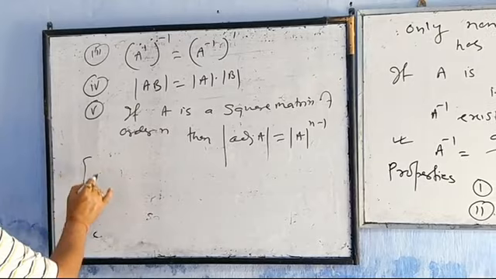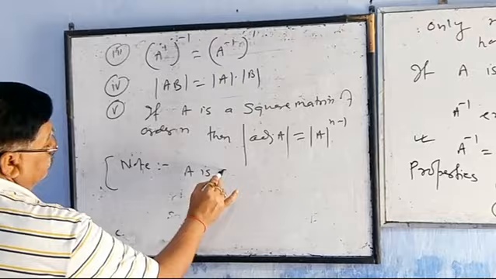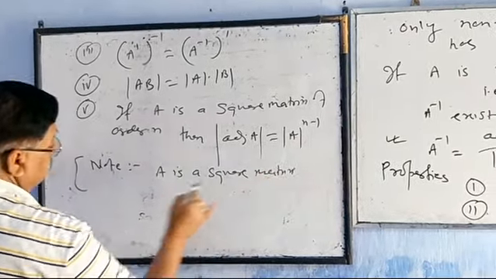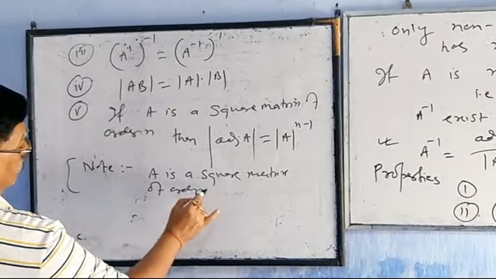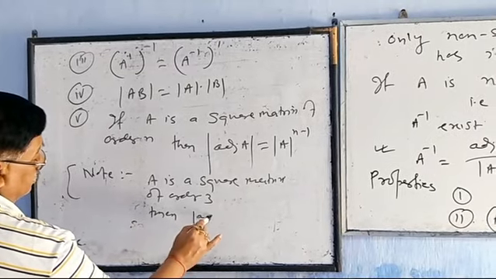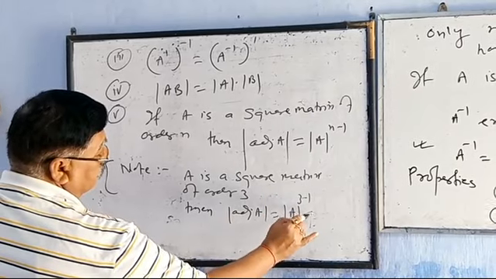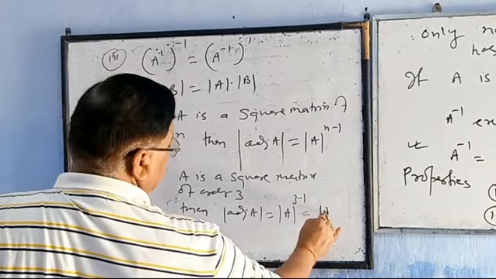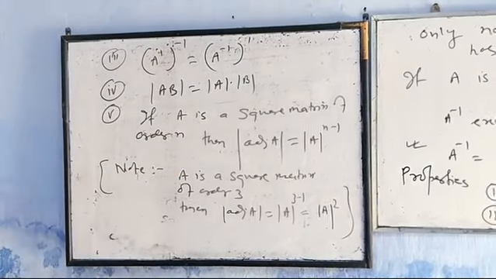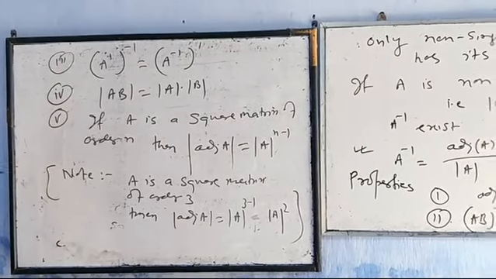As a note, if A is a square matrix of order 3, then determinant of adjoint A is equal to determinant A to the power 3 minus 1, that is determinant A square. In this way we will use this property. It will be helpful in solving problems in exam questions.